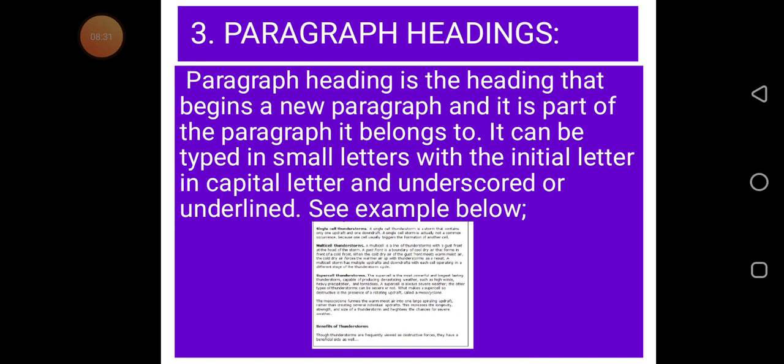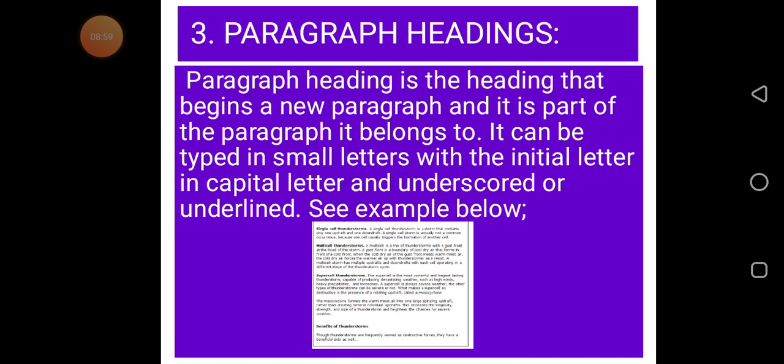And a paragraph heading is a part of the paragraph it belongs to. That means a paragraph heading is not to be written on its own, it's not to stand on a different line. A paragraph heading is meant to sit in the same paragraph that it belongs to.